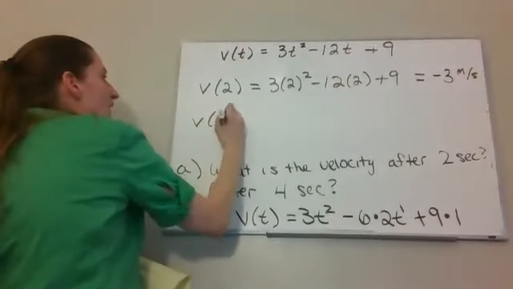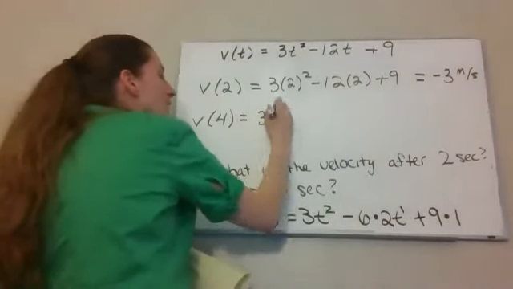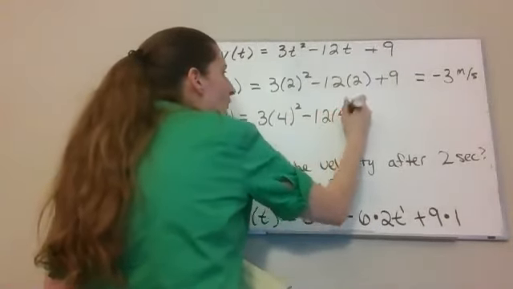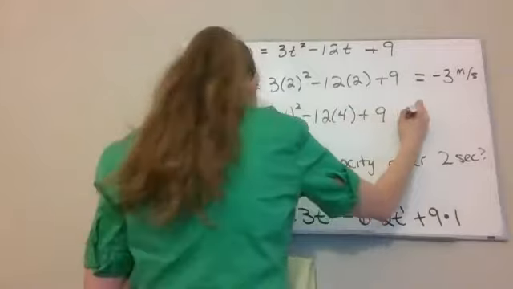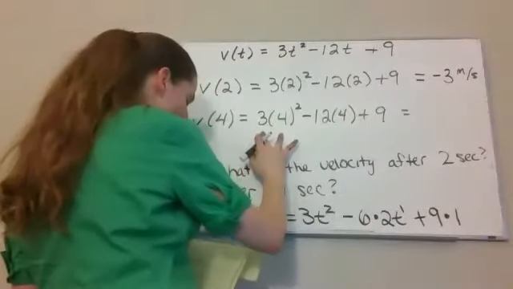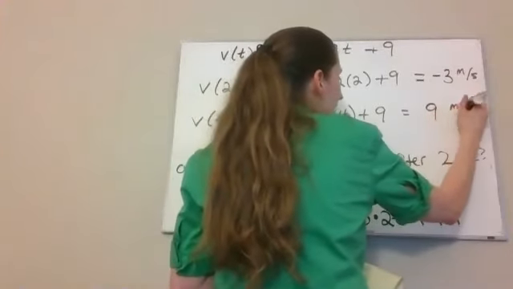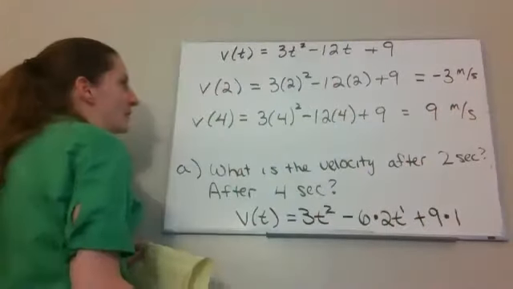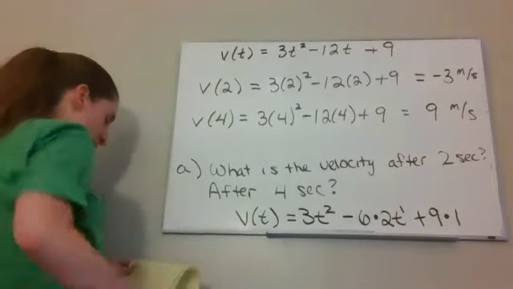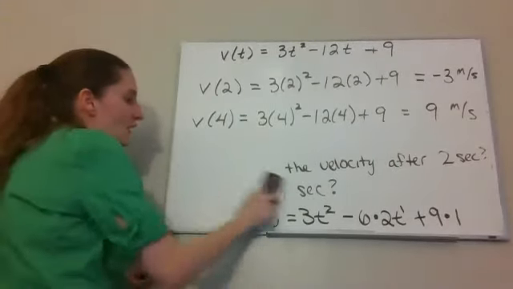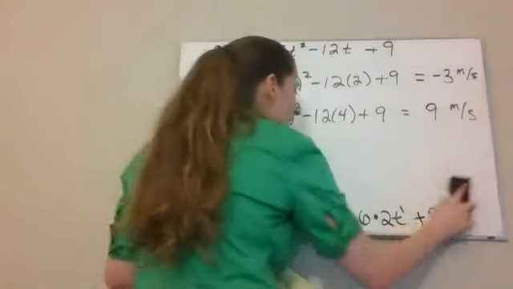And then my velocity after 4 seconds, we have 3 times 4 squared minus 12 times 4 plus 9. That is equal to 48 minus 48 plus 9, which is 9 meters per second. So we know the velocity after 2 seconds and the velocity after 4 seconds.